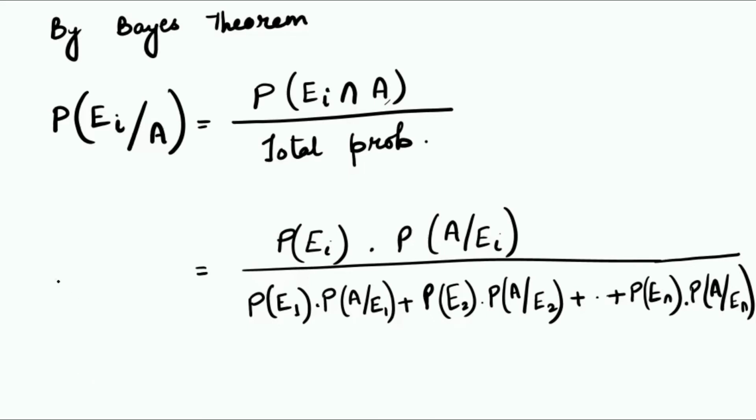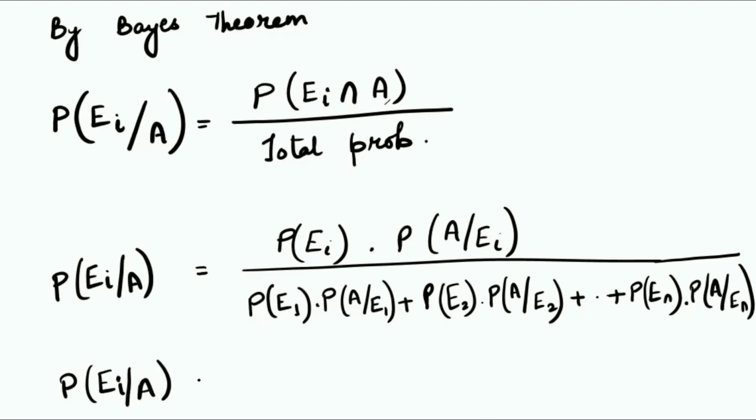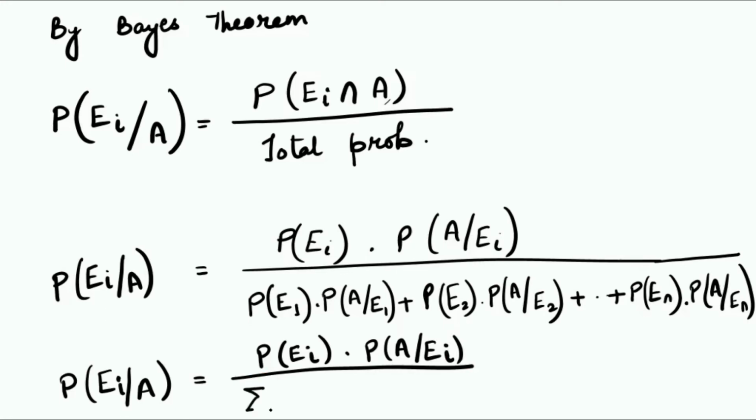So now you can remember probability of Ei given A. In your books it is written like this: probability of Ei given A equals probability of Ei into probability of A given Ei, divided by the summation, i equals 1 to n, of probability of Ei into probability of A given Ei.